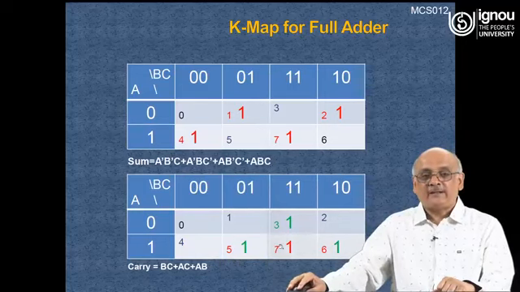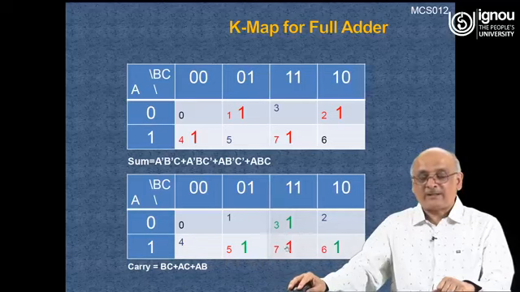Whereas in the case of carry, we are getting 3 adjacencies. One adjacency will be for 5 and 7, one for 6 and 7, and another for 3 and 7. So we will get 3 adjacencies and 3 particular terms. You can try this out.